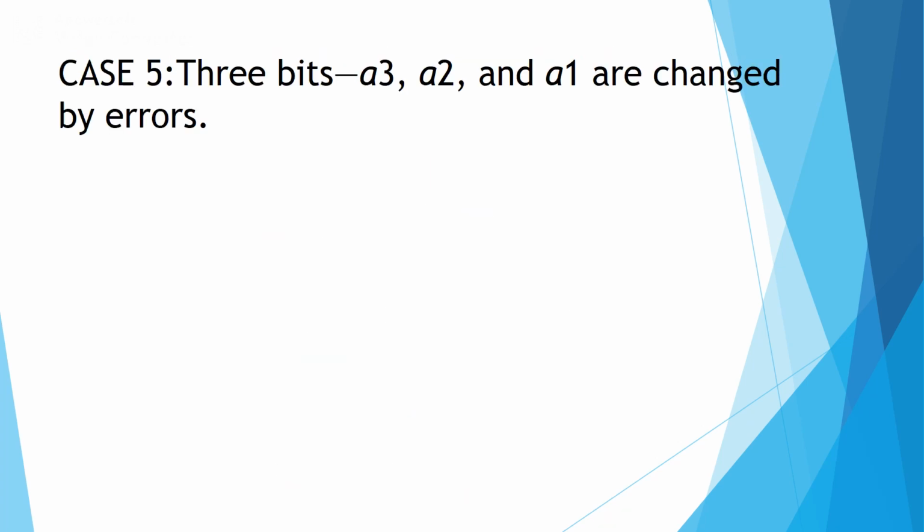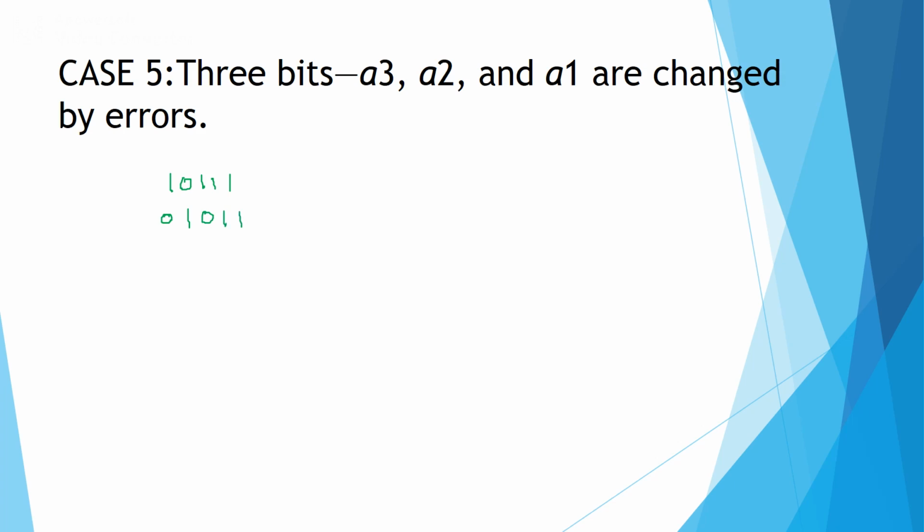Now the case where 3 bits A3, A2 and A1 are changed. We know that the sent code word is 10111. So A3 is modified, A2 is modified and A1 is also modified.